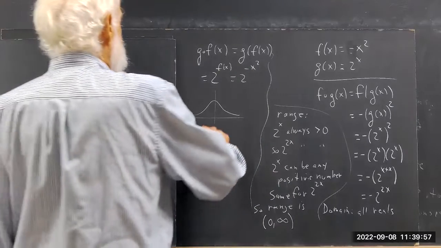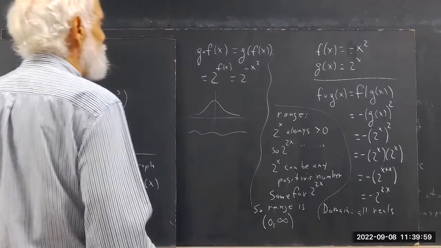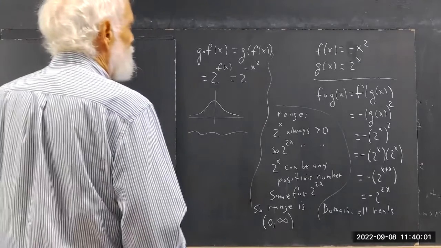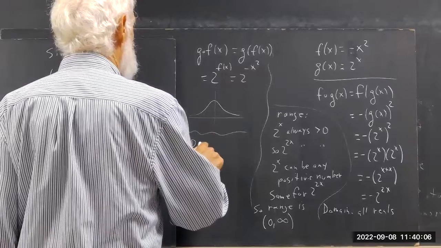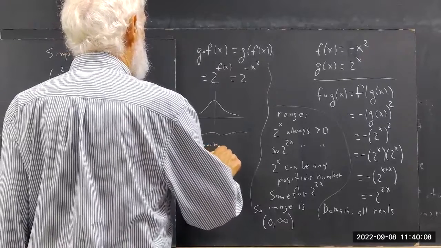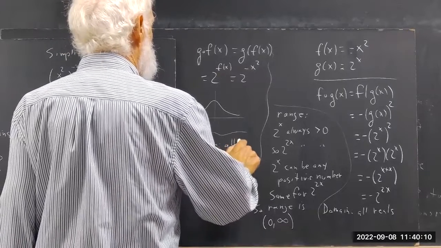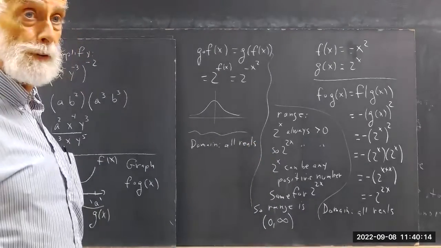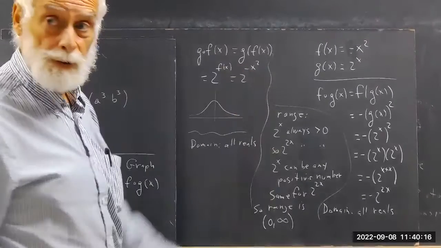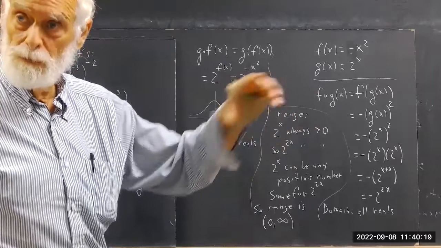Now, I'm not going to go much further with the reasoning, but the domain is all real numbers, because there's no real number that you can't substitute into 2 to the x, or 2 to a power.